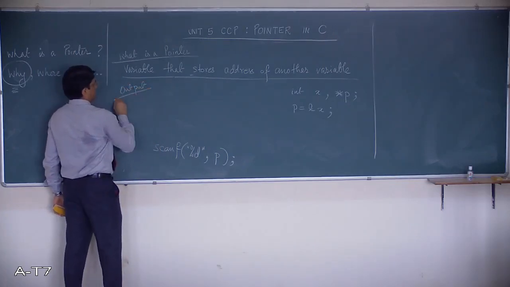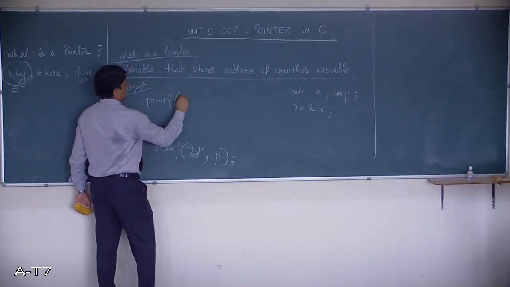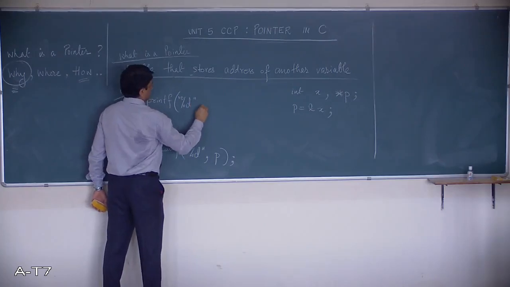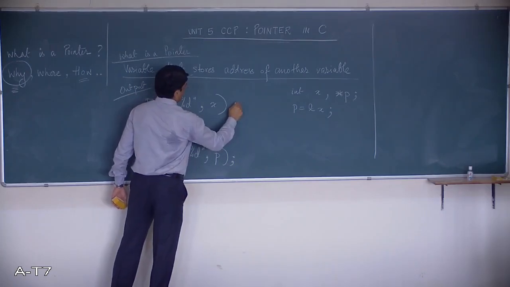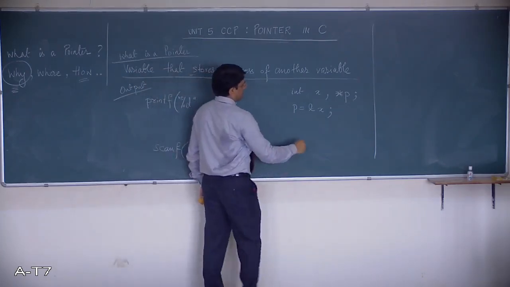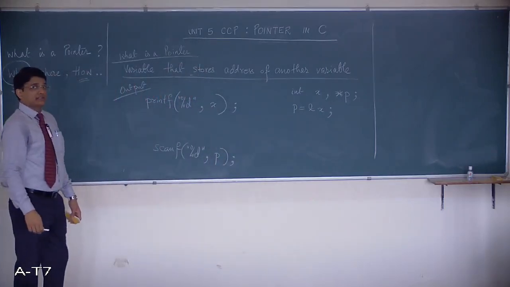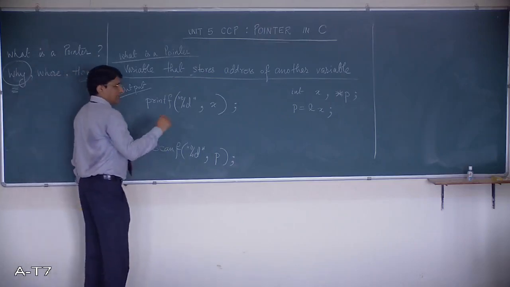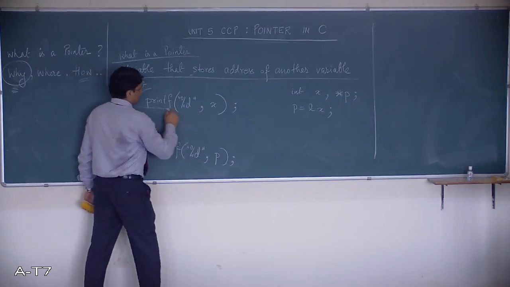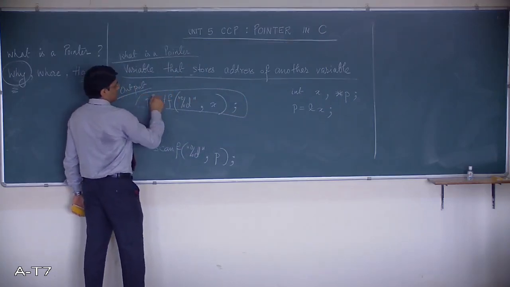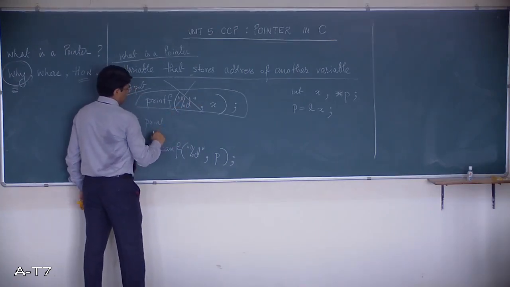And a simple output statement: printf %d x. In case we have already assigned the address of x into p, this will now be replaced with this statement.